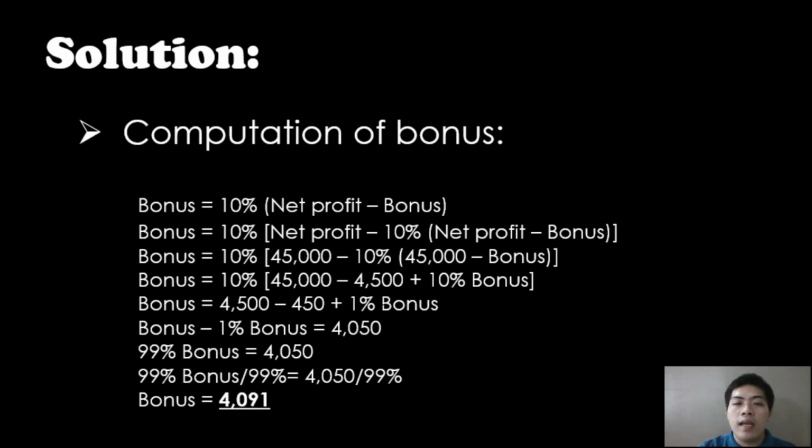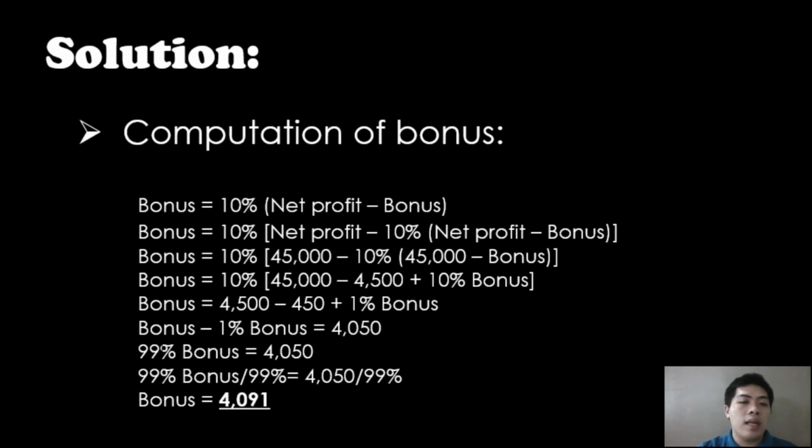Then, simplify again. Okay? I-distribute yung 10% na to. 10% times 45,000, we have 4,500. 10% times negative 4,500, we have negative 450. Then, 10% times 10% bonus, we have 1% bonus. Then, combine like terms. Okay? Difference nito, we have 4,050. Then, bonus minus 1% bonus.